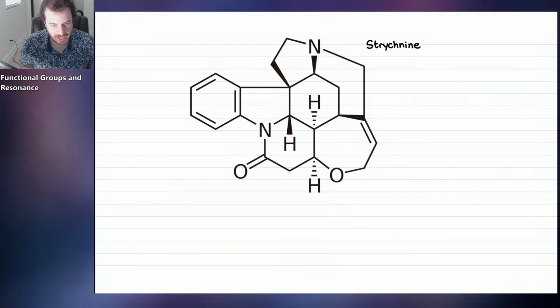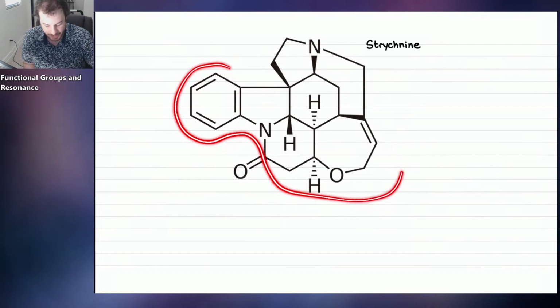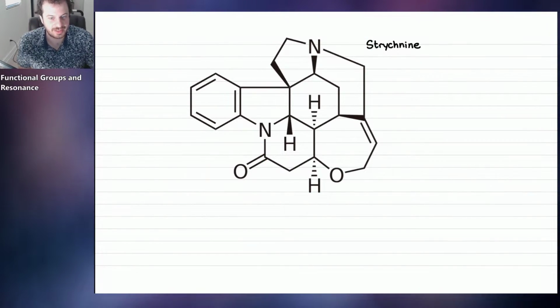Okay, but as beautiful as this compound is and as scary as this compound is, you can see it has a high level of complexity, a lot of rings connected to each other. That's a very complex molecule. Let's just recognize the functional groups that are buried within the molecule. Okay, so let's take a look at this nitrogen. What functional group is a nitrogen? Is this an amine or an amide?